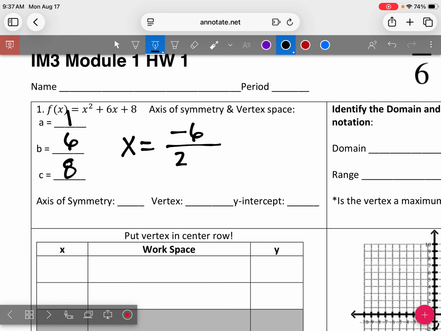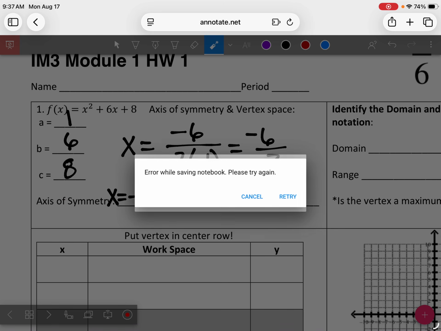That's always going to be divided by 2 times A. So you have -6 divided by 2. So you should be writing X equals -3 right here.